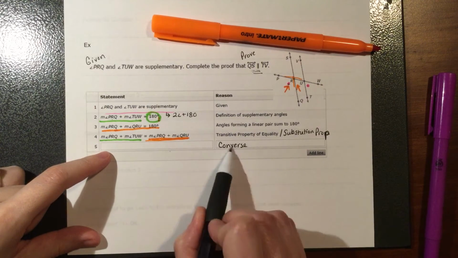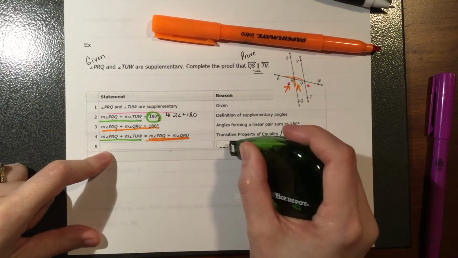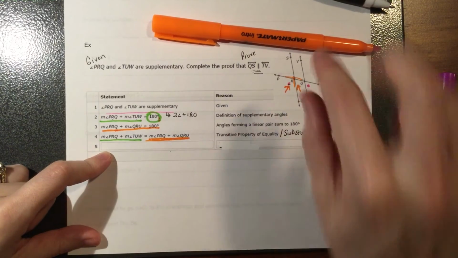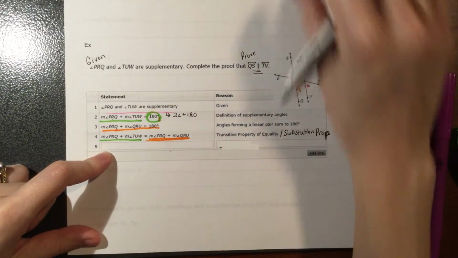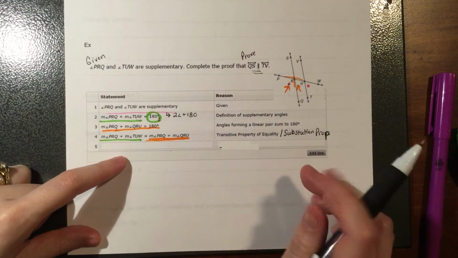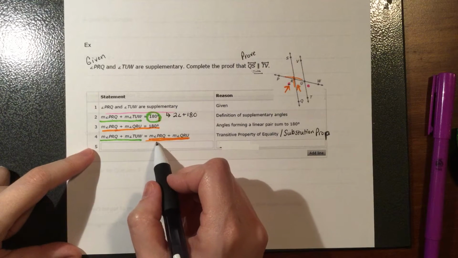And I can't go straight to parallel from here, so this one's not going to be our last step. Because in order to say parallel, right now we've got to say that two corresponding angles are congruent, and that's not what we have here. That's not two corresponding angles. So I would need to say two corresponding angles are equal or congruent.